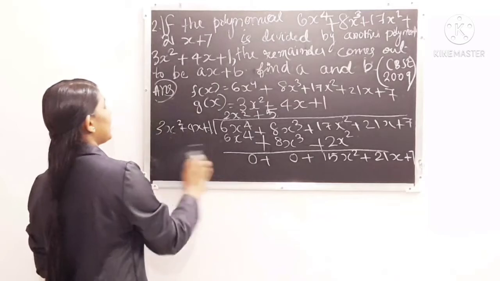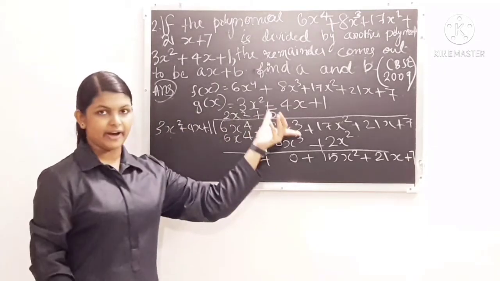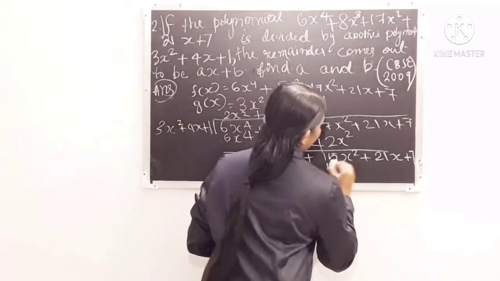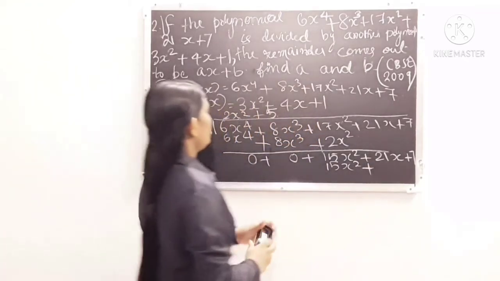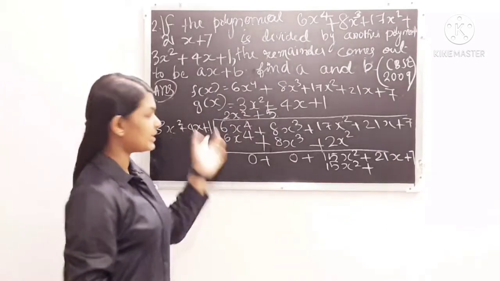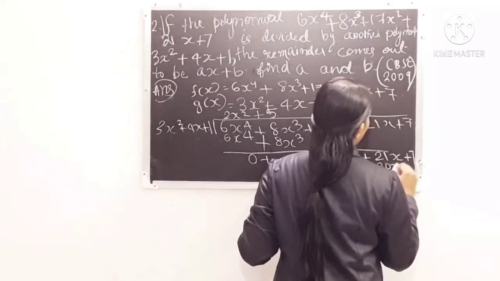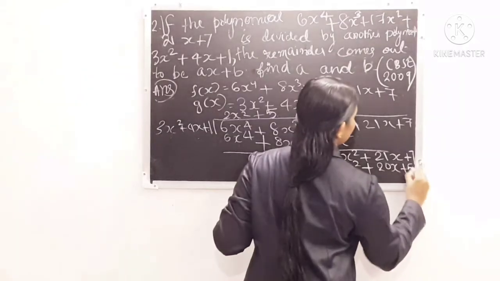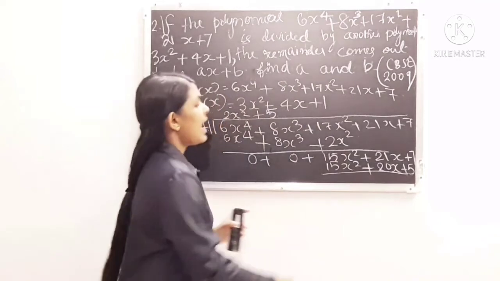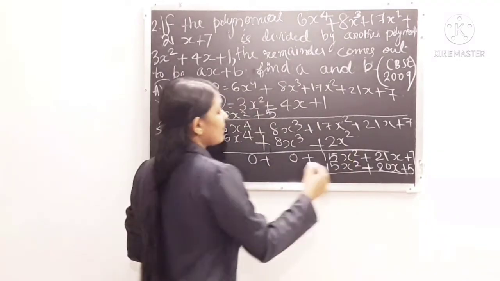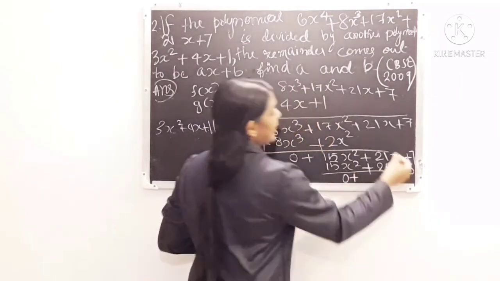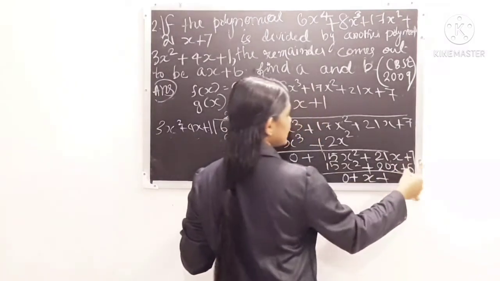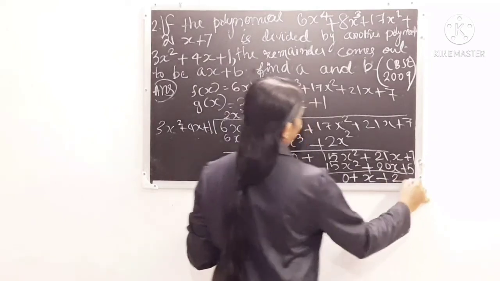Now we multiply all these terms by 5. So 5 into 3x squared is 15x squared, plus 5 into 4x is 20x, plus 5 into 1 is 5. Now we subtract it: 15x squared minus 15x squared is 0, plus 21x minus 20x is x, plus 7 minus 5 is 2.